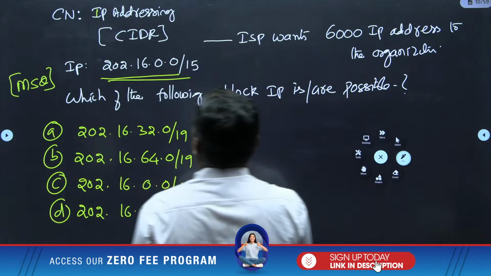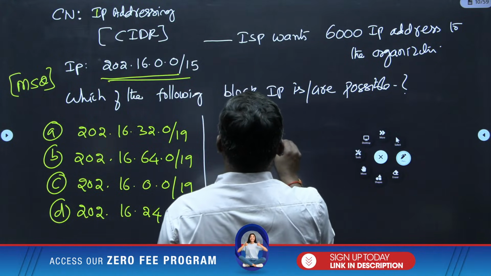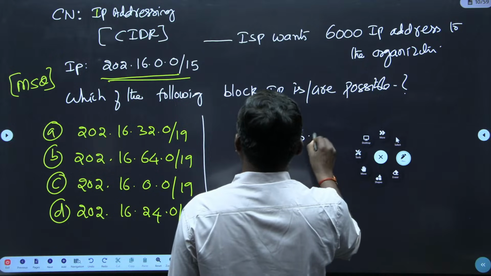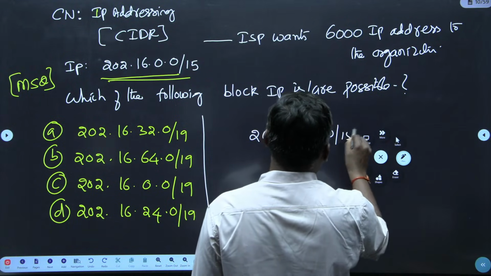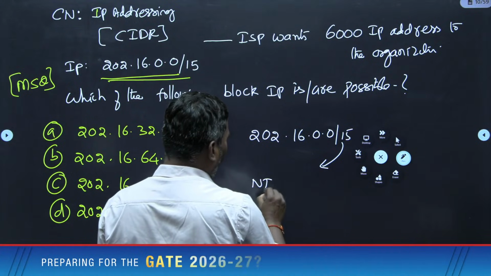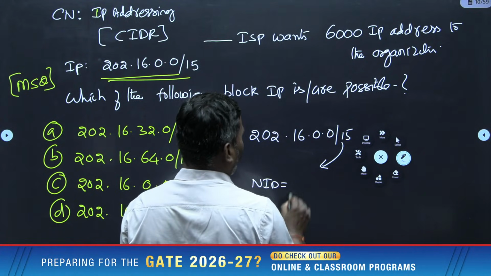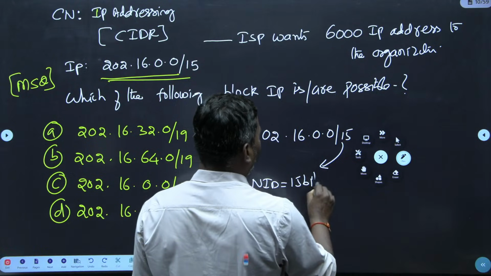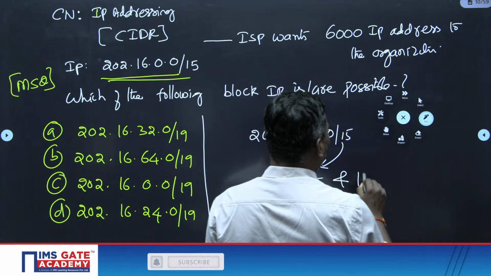To answer this question, first of all, take the given block IP address: 16.0.0 suffix 15. What is the meaning of 15 here? This is the network ID part, 15 bits. So what is the host ID part?